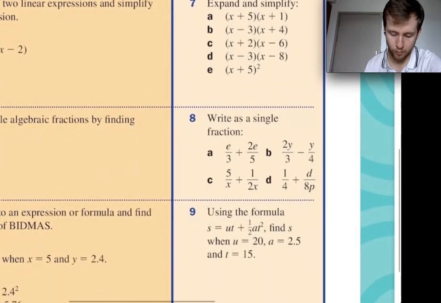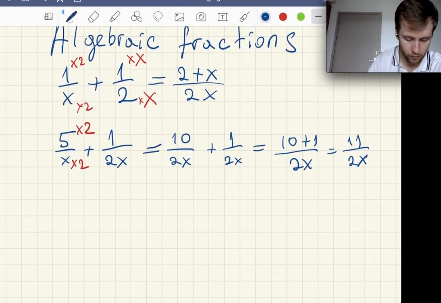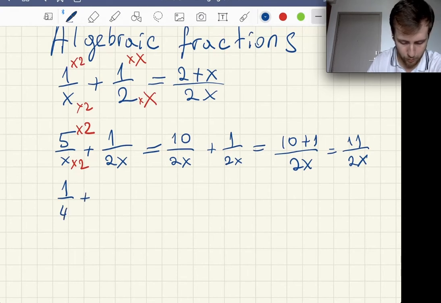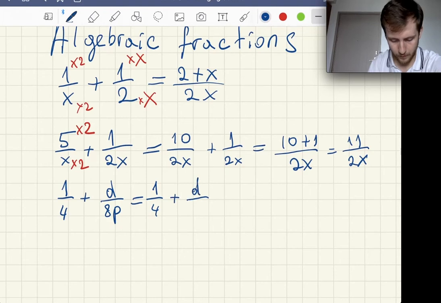Okay, let's do one more. We have 1 over 4 plus d over 8p. How can we do this? Here we have 8, right? 8 can be written as 2 times 4, or 4 times 2 times p.